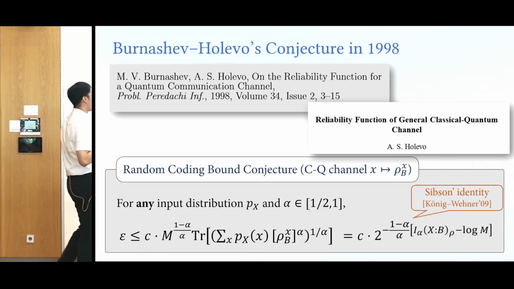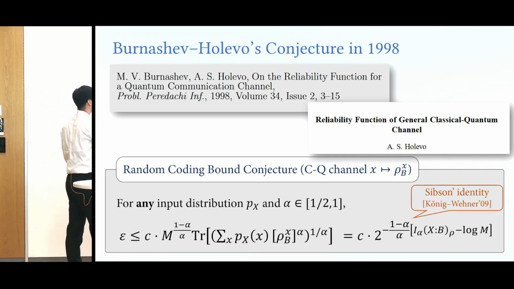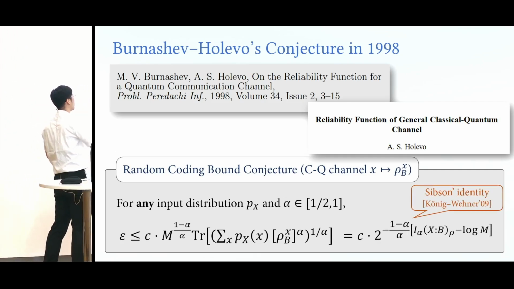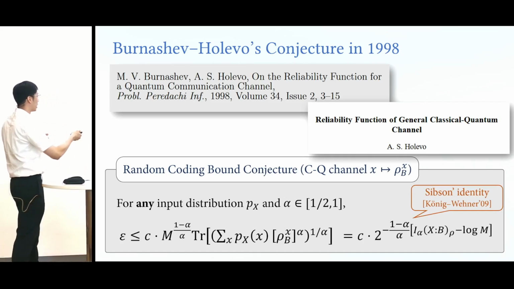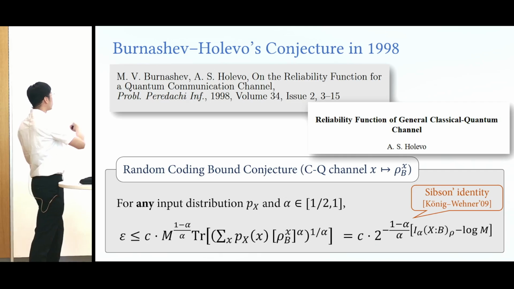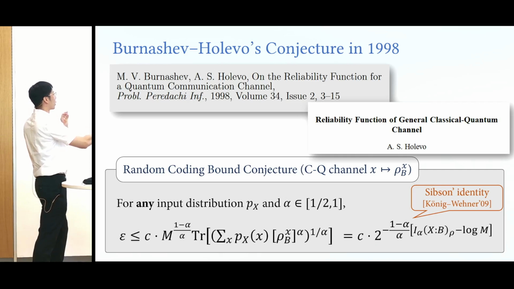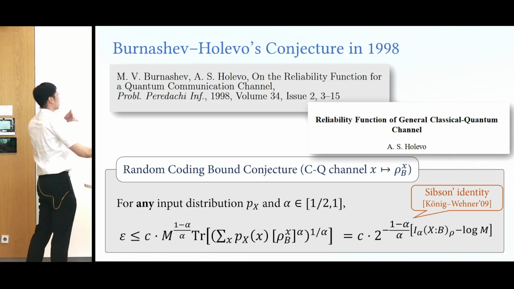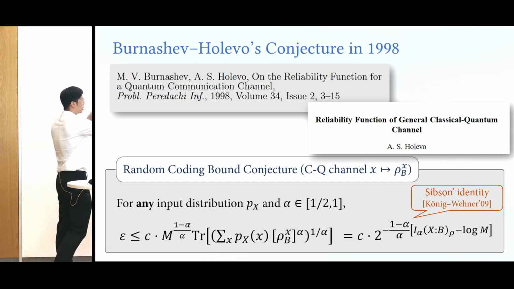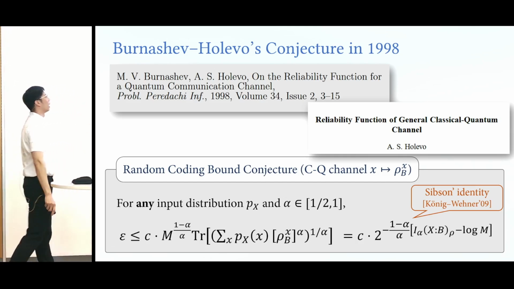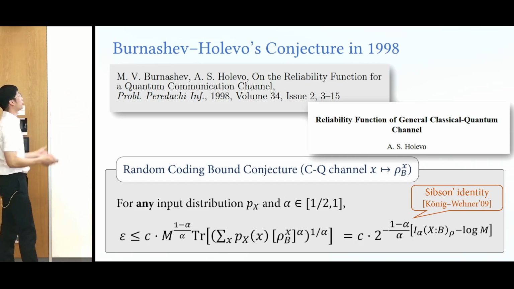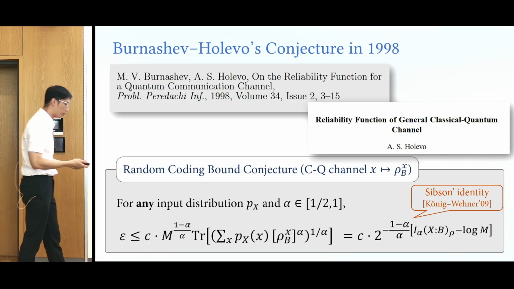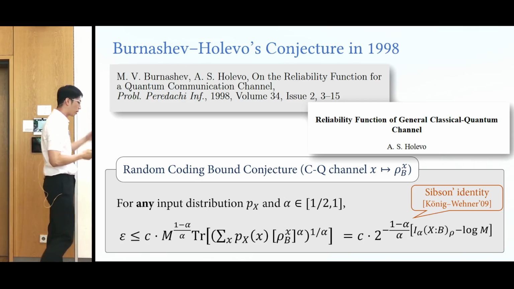And later, by using the Sibson identity, from Sibson and Csiszár, and Renner in 2009, this form can be rewritten as what we call a Petz-Rényi mutual information. The exact definition is not important right now, but you can see this quantity is additive, so it's a multiplicative upper bound. So that's what Burnashev and Holevo wanted to do. They wanted to generalize Gallager's random coding bound to classical-quantum channels.